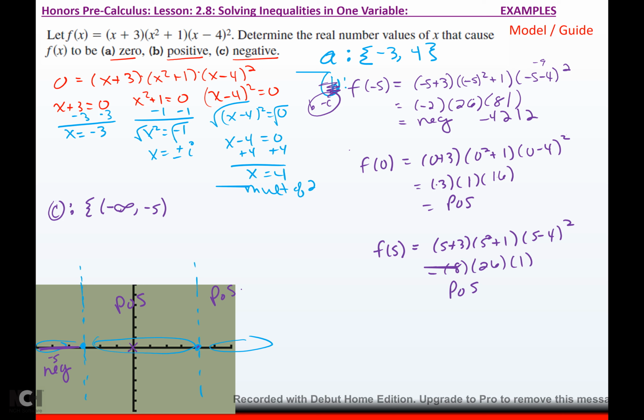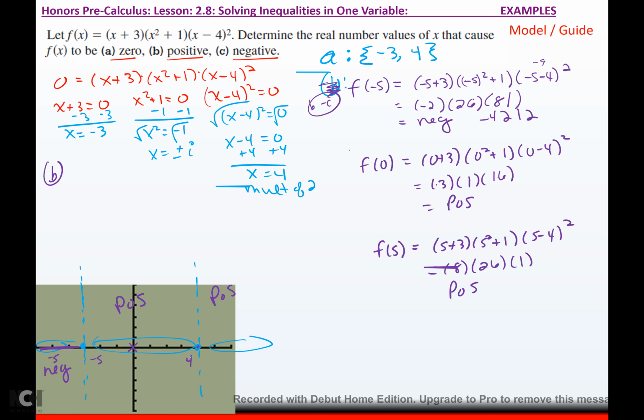Okay, so let me start over and do this in order. Alright, so for B, I want my positives, which is going to say, from negative 5 to positive 4.